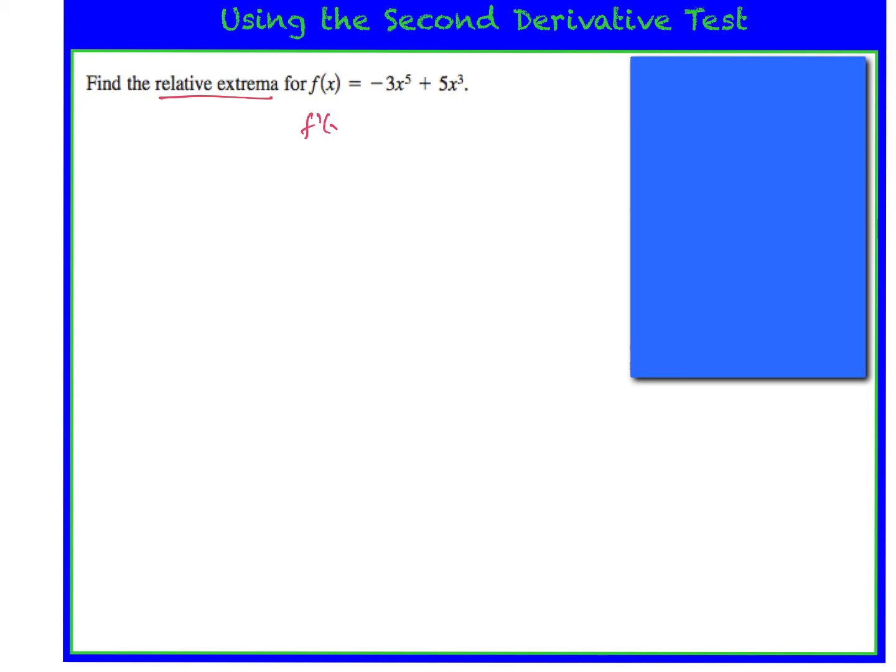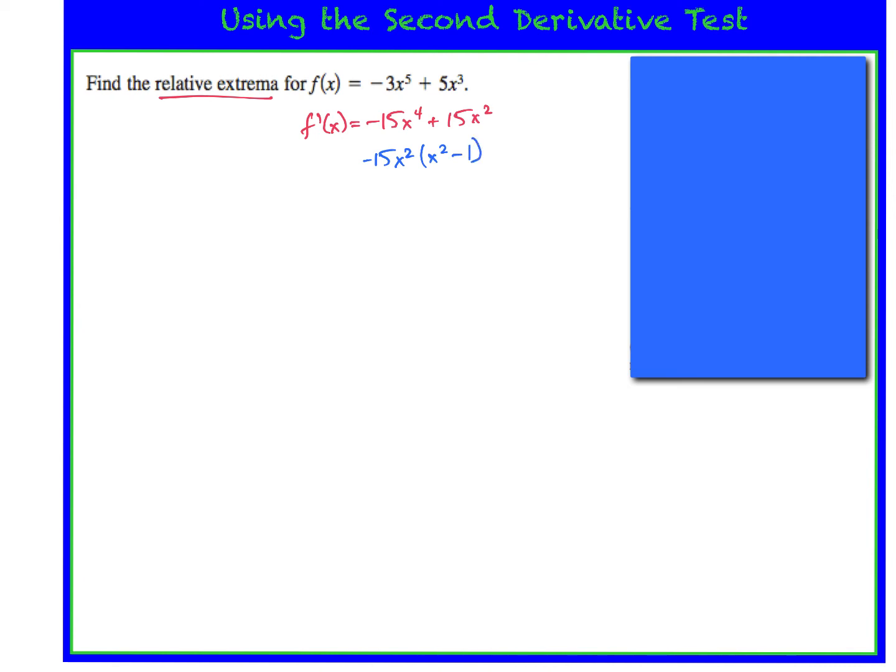Relative extrema definitely happen at critical numbers. So let's take a derivative. What's f prime? -15x to the 4th plus 15x squared. I'm going to factor out something before I set it equal to 0, like a -15x squared. And then what would I be left with? x squared minus 1.